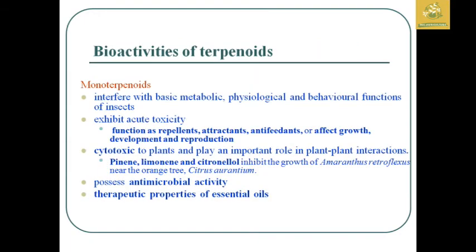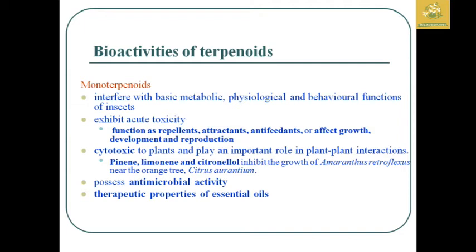So what are the activities which are exhibited by terpenoids or the monoterpenoids? They interfere in the metabolic, physiological as well as behavioral functions of insects. So they exhibit acute toxicity, and act as repellent, attractant, antifeedant, as well as affect growth, development and reproduction in plants. They are cytotoxic to plants, and play an important role in plant-plant interaction.